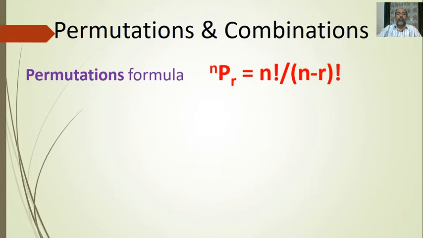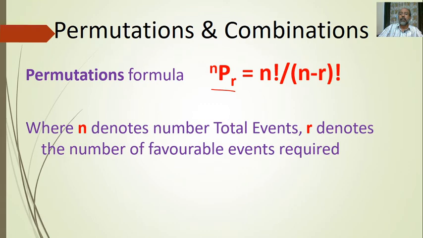The formula for permutations is nPr equals n factorial divided by n minus r factorial.